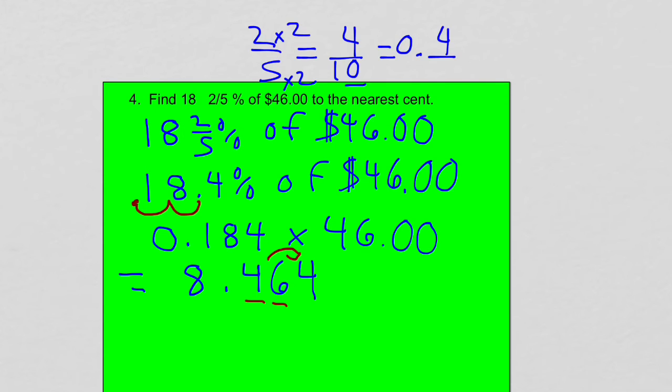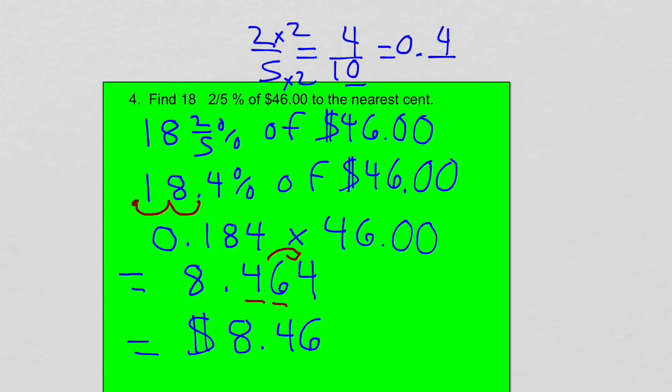If the digit to the right is 4 or less, you give the number you're rounding a rest. So we're going to give that 6 a rest, which means we're going to keep it the same. And we're going to say our dollar amount is $8.46. That's what 18 2/5% of $46 is.